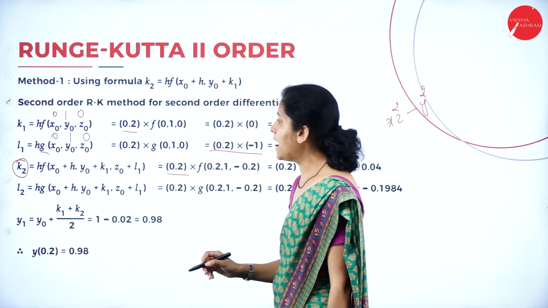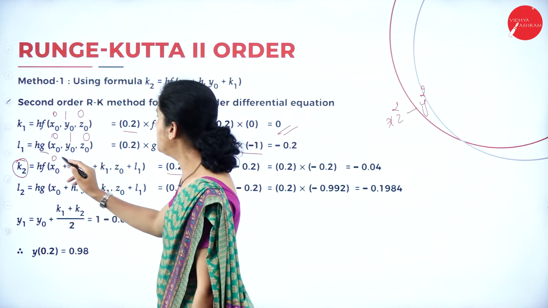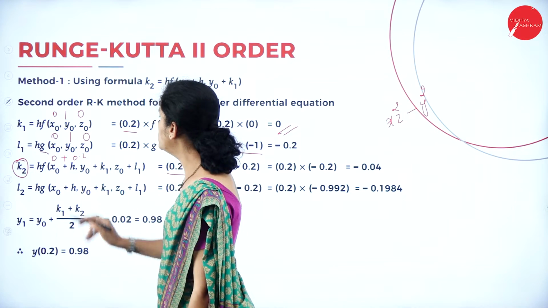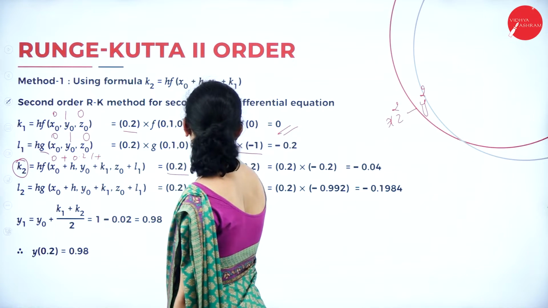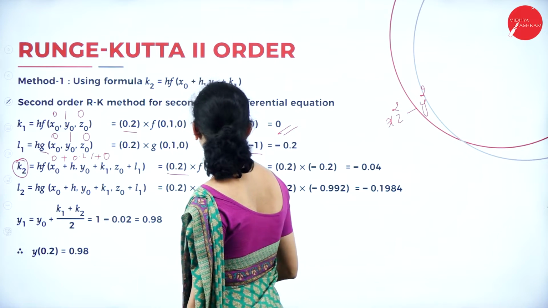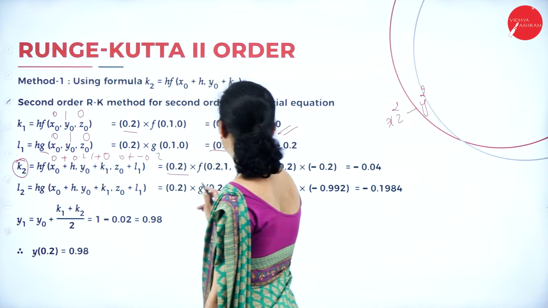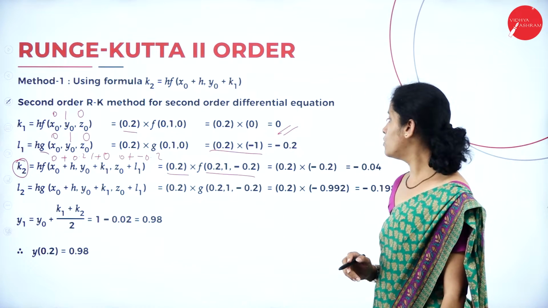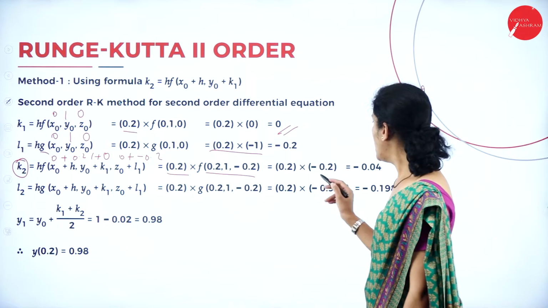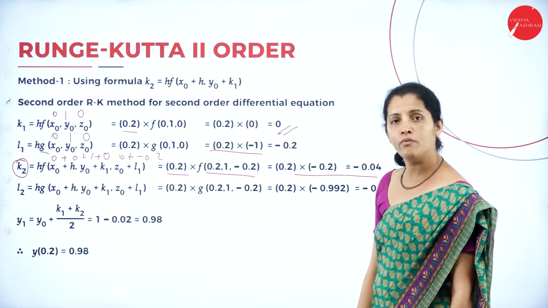So here x0 is 0 plus 0.2, y0 is 1 plus k1 which is 0, then z0 is 0 plus l1, minus 0.2. So it is 0.2, 1, minus 0.2, and I'm going to get the answer minus 0.04.